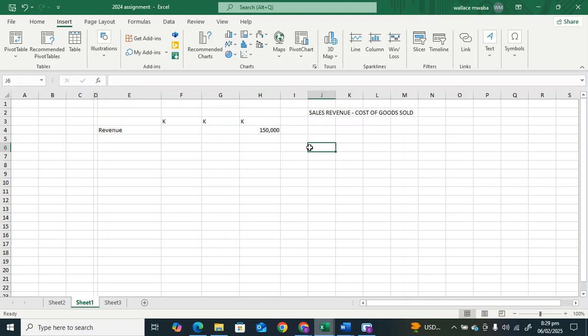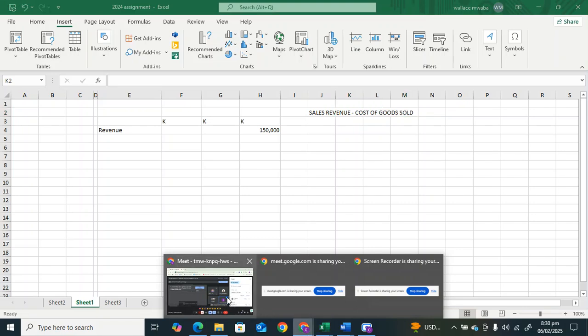What is the next item we need to tabulate? Yes. Thank you.